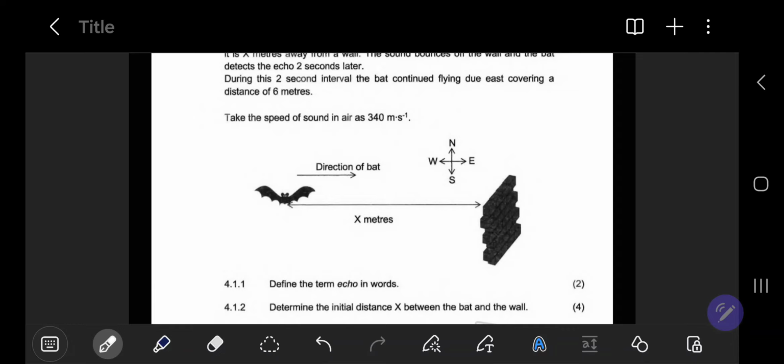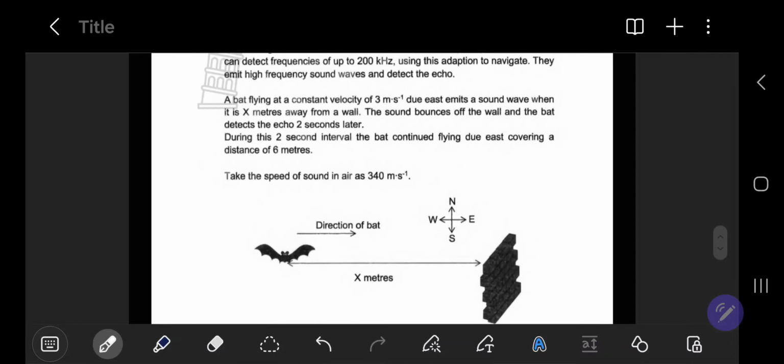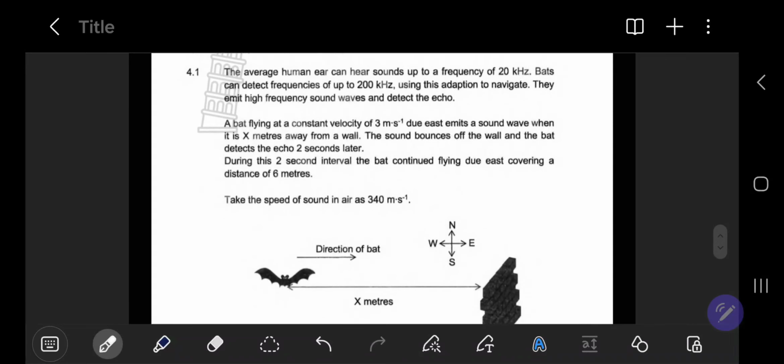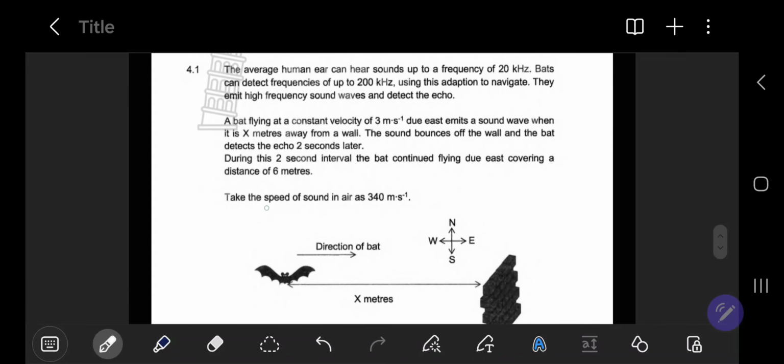So in order for you to get the distance between the bat and the wall, let's first refer back to the information given. And let's understand the situation. So the bat is flying to the right, the bat is going east. When it is X meters away from the wall, that is when it emits a sound wave. But he only hears the sound wave again 2 seconds later.